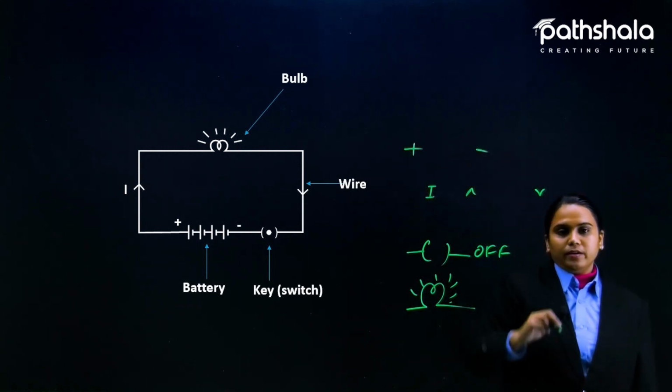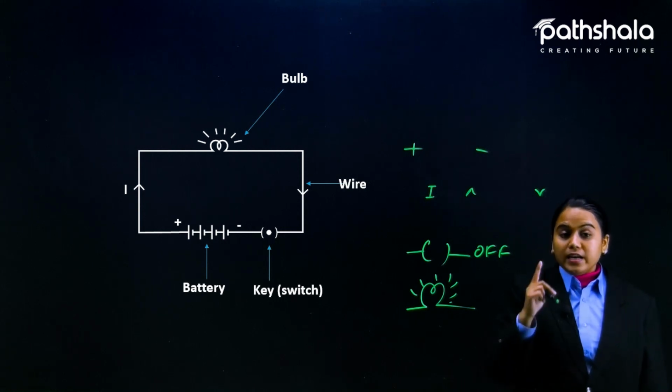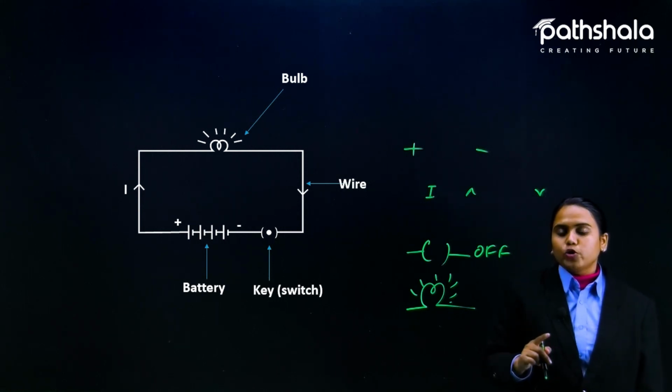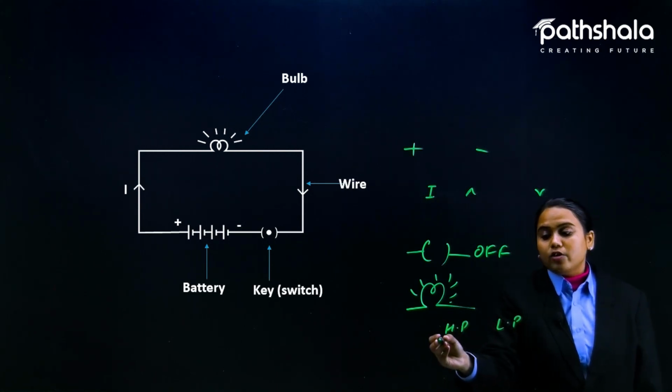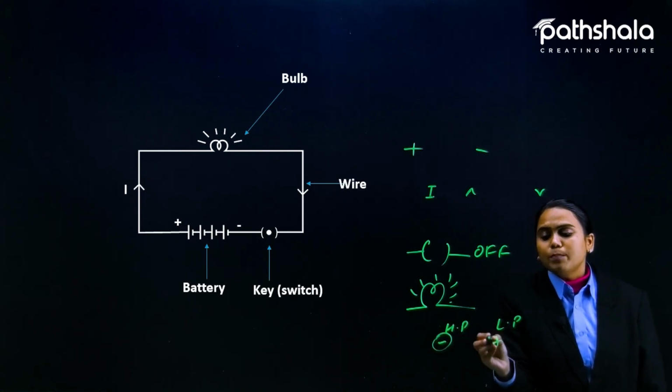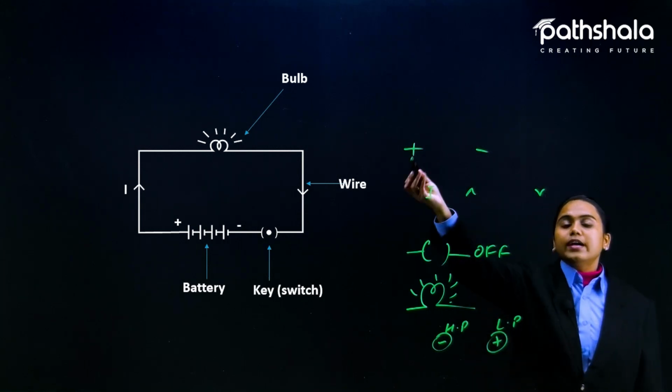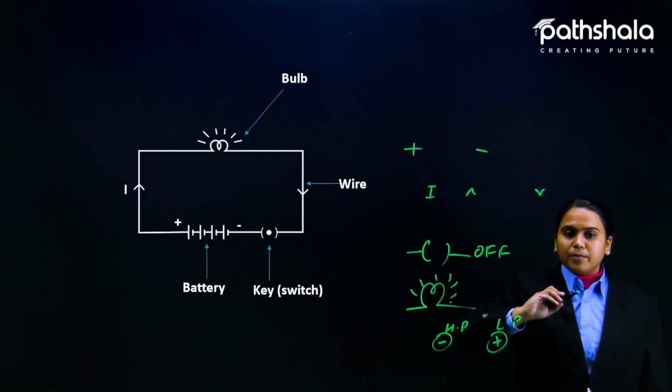But earlier in the diagram of the cell, I have told you that electrons flow from the negative terminal to the positive terminal. Then how is the current flowing from the positive to the negative terminal?